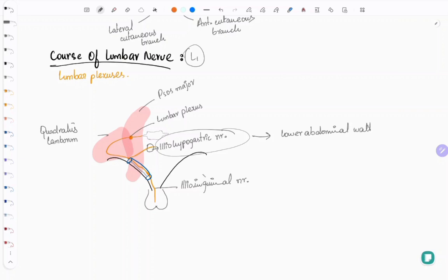wall, whereas the ilioinguinal nerve extends within the inguinal canal along the spermatic cord. This gray structure here is the spermatic cord. The ilioinguinal nerve extends along the spermatic cord in the inguinal canal and supplies our genitals.